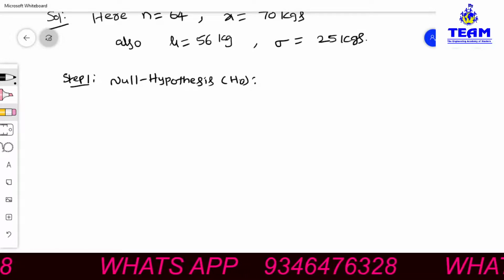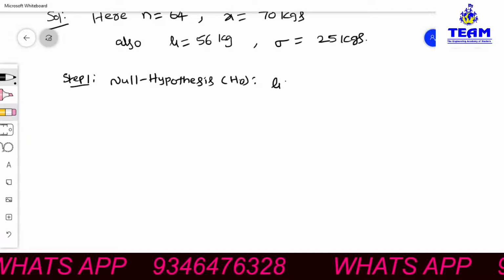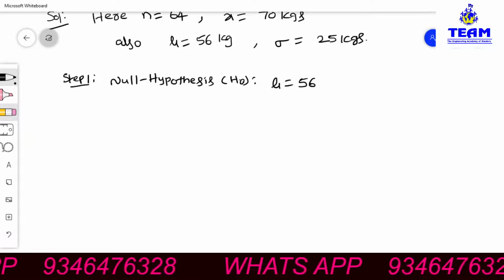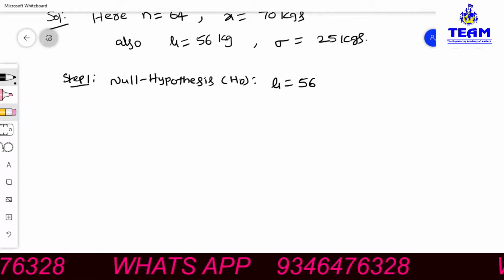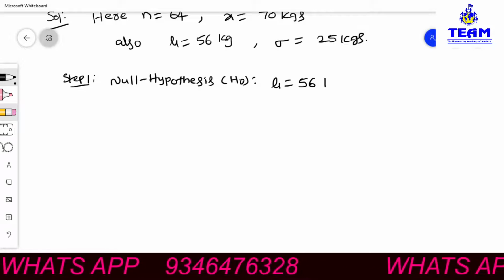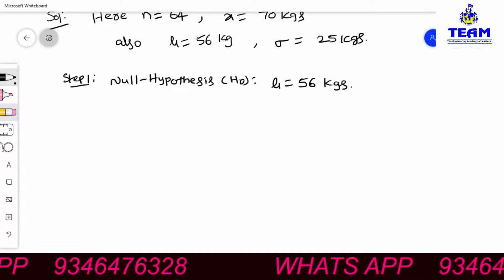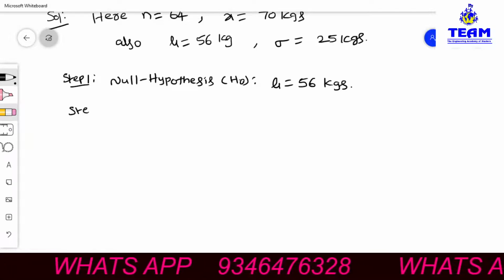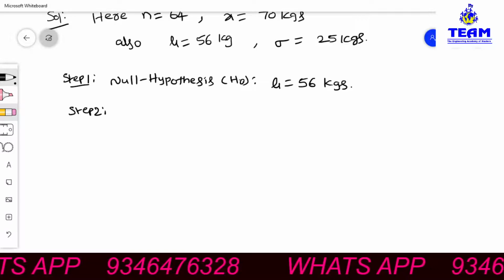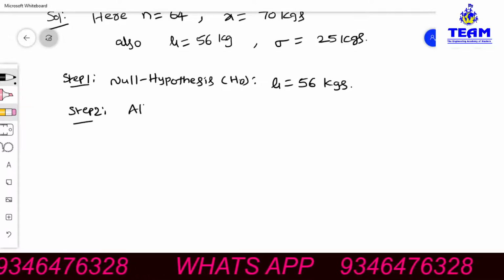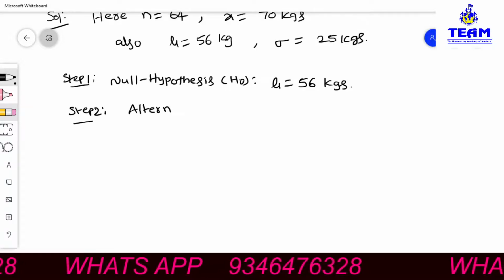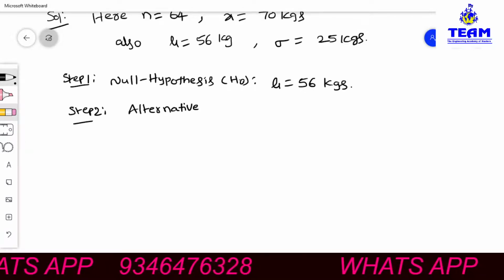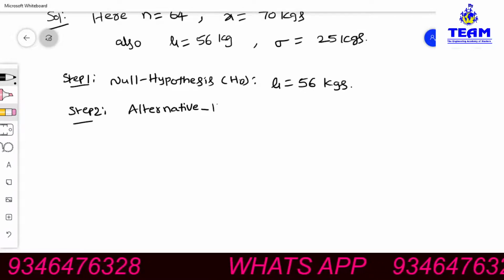Here mu is equal to 56 is given, so I don't change anything. I am taking it as it is, mu equal to 56 kgs. Now step 2 is the alternative hypothesis, which can be represented by H1.